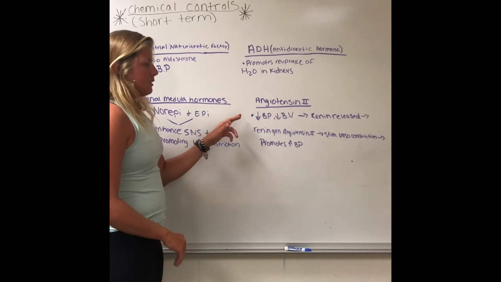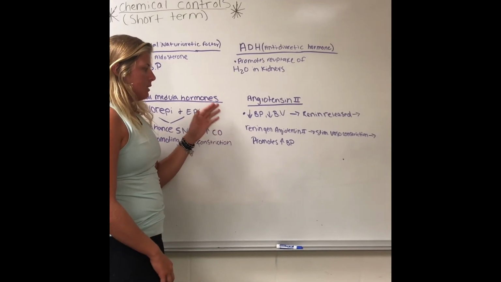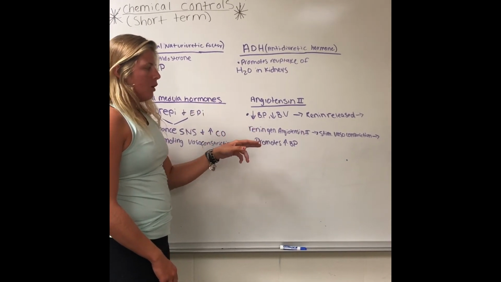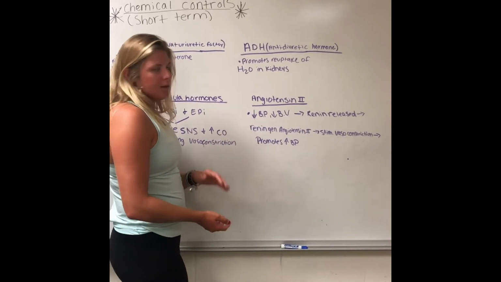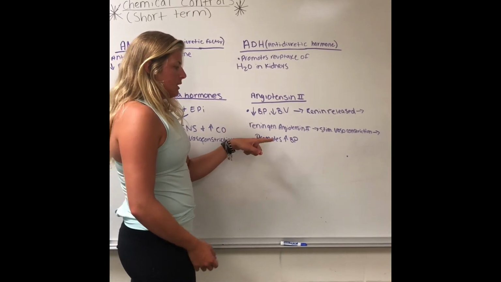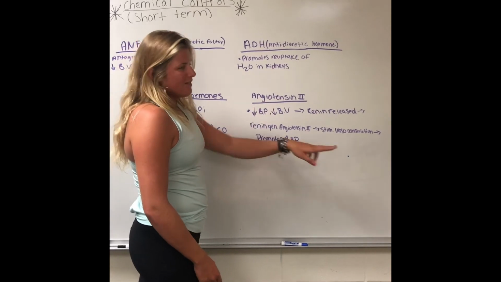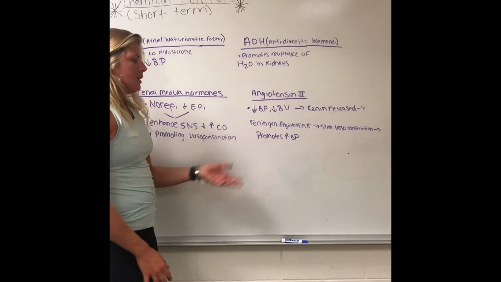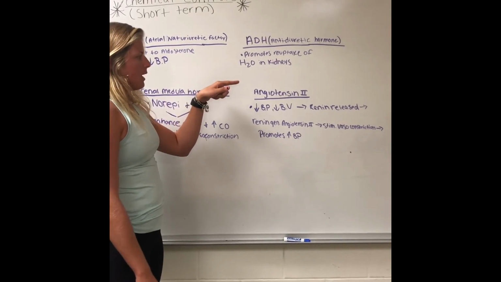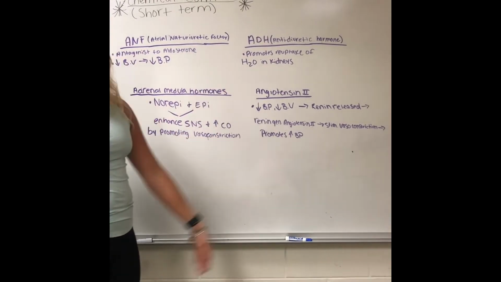And then we have angiotensin II, which is going to decrease your blood pressure and blood volume, which then renin is going to be released, and renin is going to generate angiotensin II, which then stimulates vasoconstriction, and it promotes a higher blood pressure. And then we have ADH, which promotes reuptake of H2O in your kidneys.